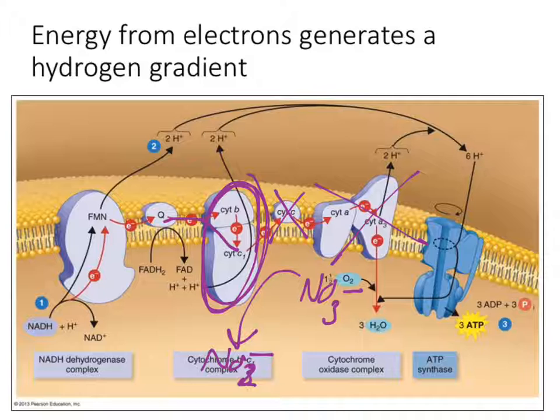The SIM test tests for... so what does the SIM test do? Some of you will see it later today. It's sulfur, indole, and motility. The sulfur part is the hydrogen sulfide that gets produced by some of the bacteria.